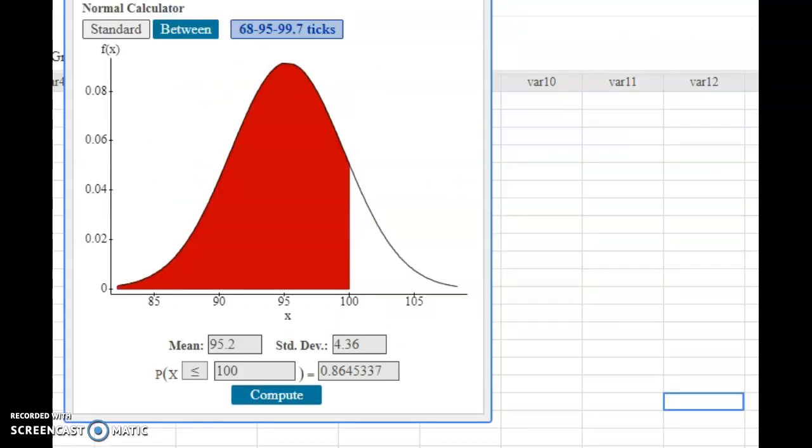In our normal calculator, if we put in a mean of 95.2 and a standard deviation of 4.36, and we're looking for less or equal to 100, we end up with a probability of 0.8645.